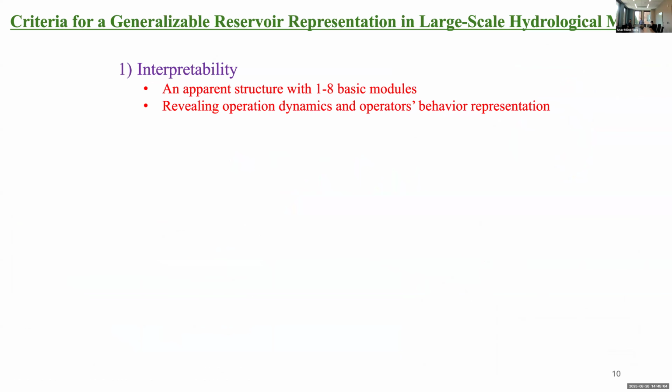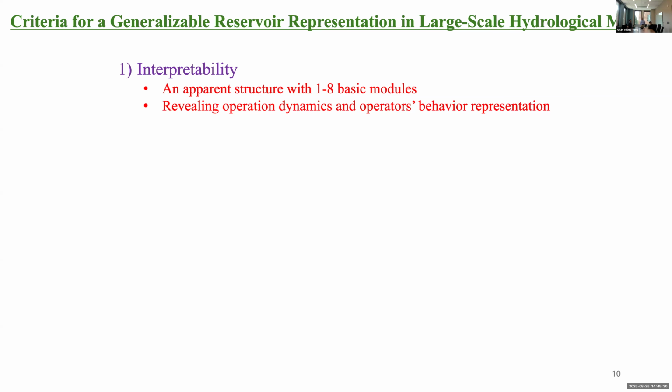So we use 4 criteria to assess generalizable open source reservoir code in NextGen. The first one is interpretability. We all know that if we use machine learning models, we often end up with the so-called black boxes, right?